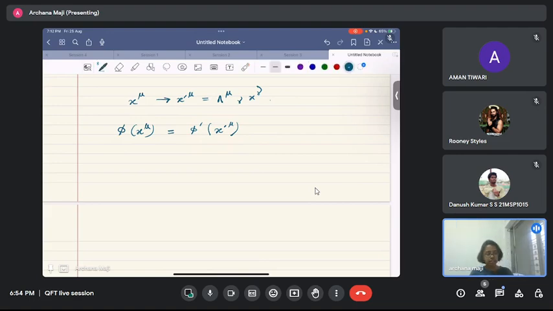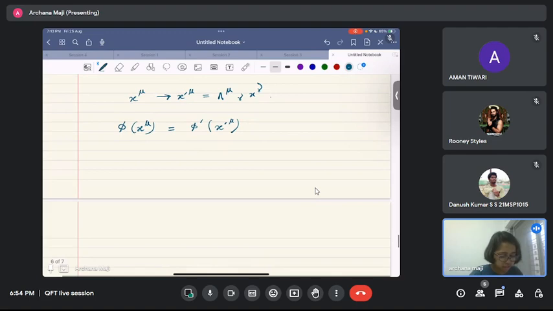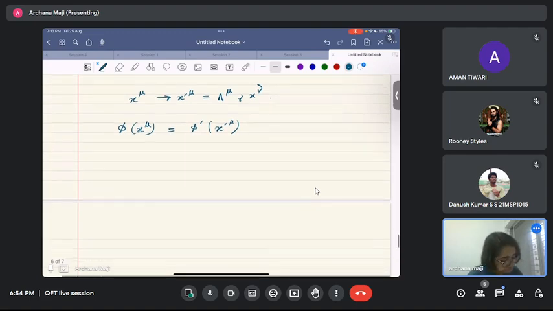Actually, this is easier to understand this way. This is the argument given in Peskin. Suppose phi is a field which is basically giving you a value corresponding to every location in space.